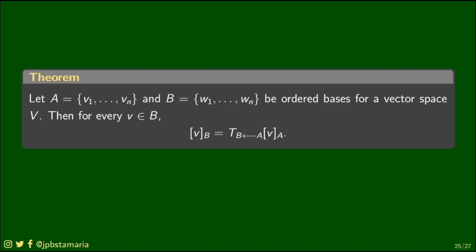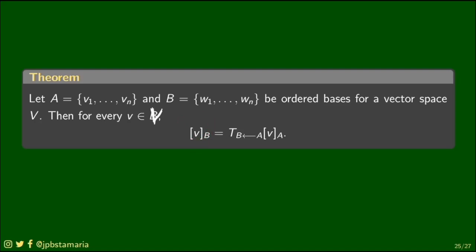These are ordered bases for a vector space V. Then, according to the theorem, for every V in the vector space V, the coordinate of V relative to the basis B is equal to the product of the transition matrix from A to B times the coordinate of V relative to the basis A. In other words, transition matrix times old coordinate equals new coordinates.